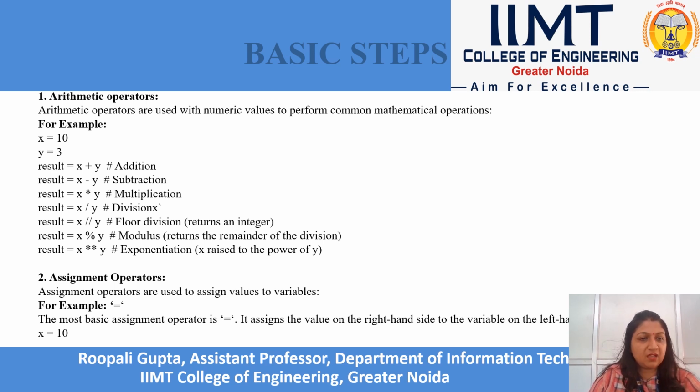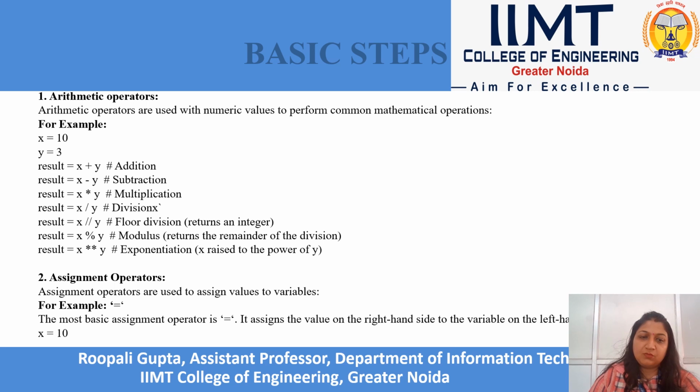We have different arithmetic operators like plus, minus, multiplication, division. We have floor division also, we have modulus, we have exponentiation. So these are the operators we use whenever we take values, like x is equal to 10 plus 3. So the result will be 13. And likewise we can perform other arithmetic operators also.